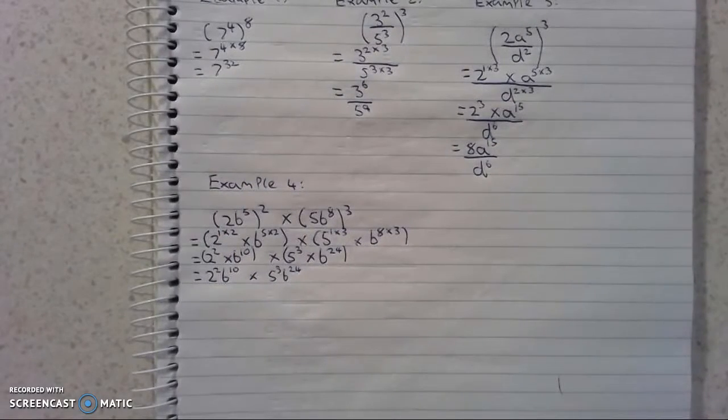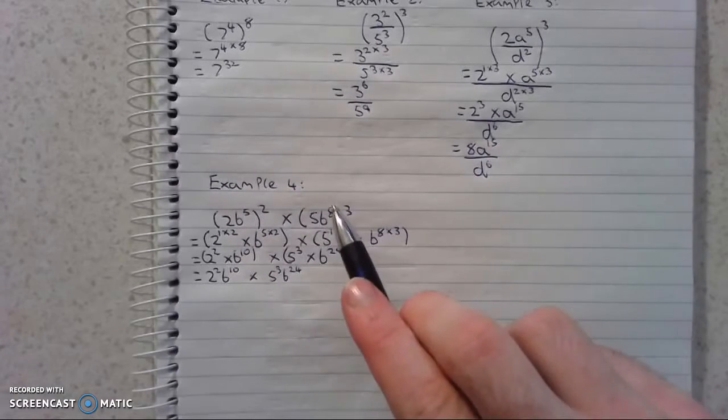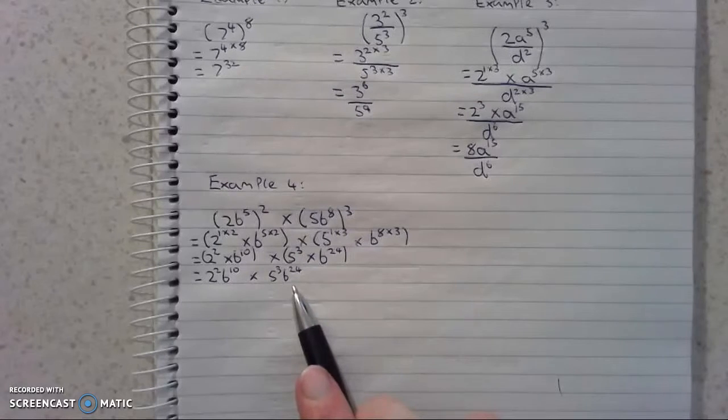Okay, so all we've done is we've taken everything in here, multiplied the indices by everything outside, and that's taken us from here down to here.